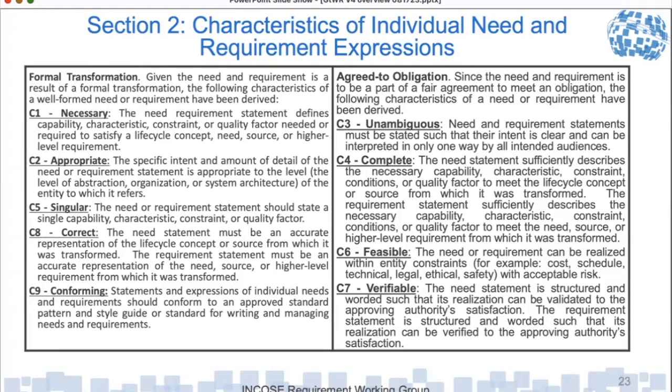It's necessary, it's appropriate to level, it's a singular thought, it's correct, and it conforms to our rules for writing well-formed requirements. And from an agreed-to obligation standpoint, you'd want the requirement to be unambiguous, complete, feasible, and verifiable.